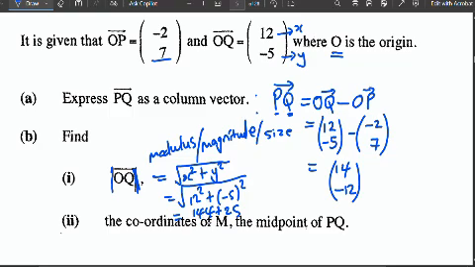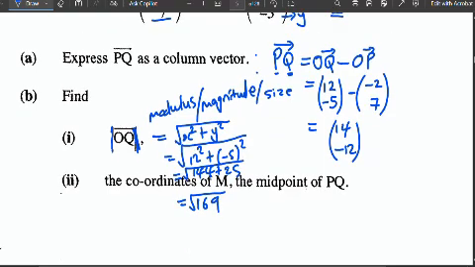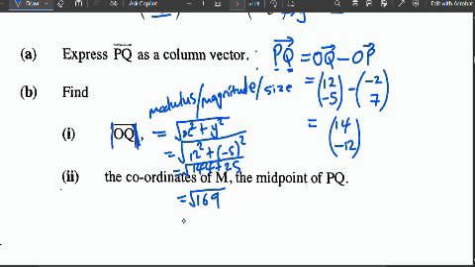So it's 144 plus 25, which gives us 169. We are still keeping the square root. So the square root of 169, you know 13 times 13 gives 169, which means the square root of 169 is 13. So our answer is 13.